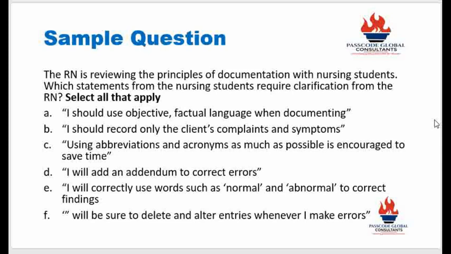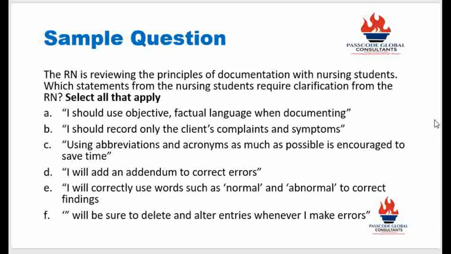Number E, I will correctly use words such as normal and abnormal to describe findings. No, this is a bad option because the RN is supposed to use specific words to document the findings, not general words such as normal and abnormal.